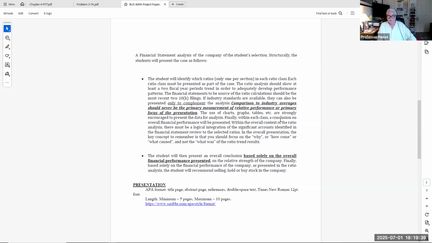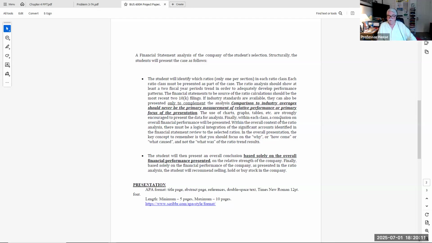In the overall presentation, the key concept to remember is that you should focus on why or how come or what caused, and not the what was of the ratio trend analysis. Anybody can see that the ratio or the trend is down or up. I want to know why, how come, what caused, in your interpretation, those ratios to either go up or down or stay the same.